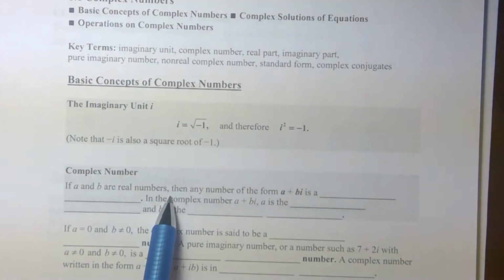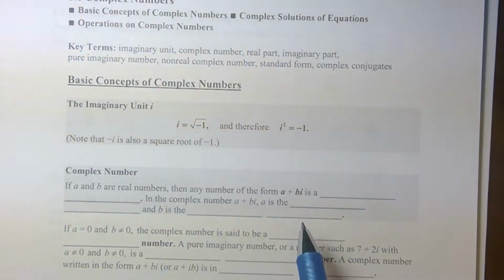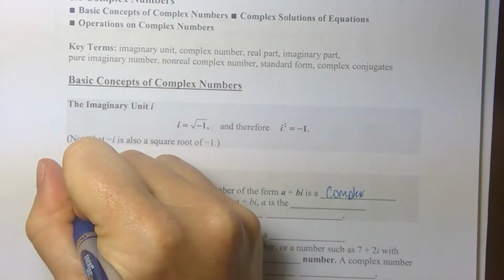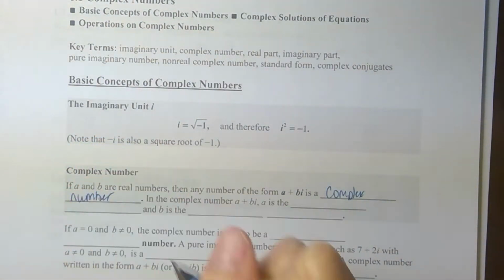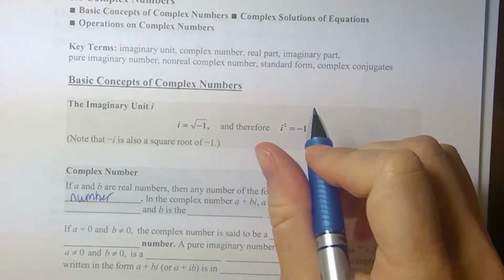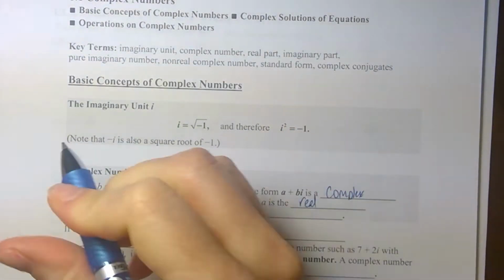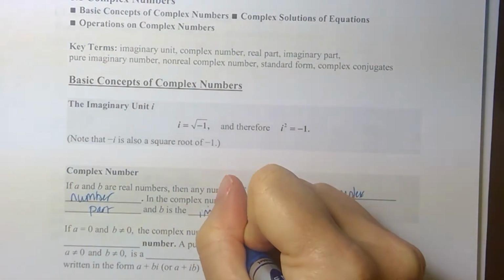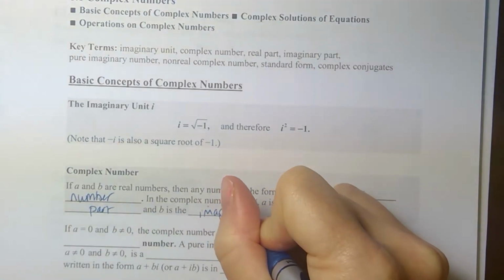If a and b are real numbers, then any number in the form a plus bi is a complex number. In the complex number a plus bi, a is the real part, and b is the imaginary part because it's the coefficient of i.